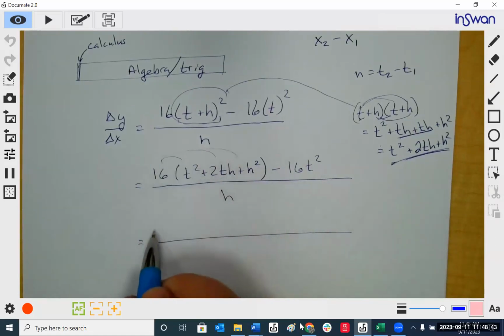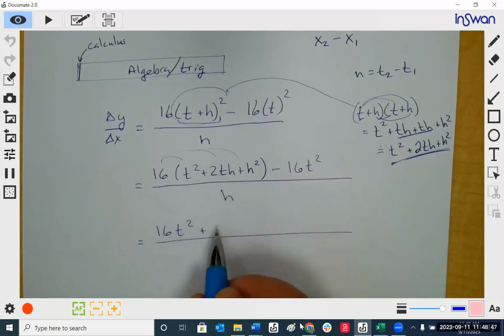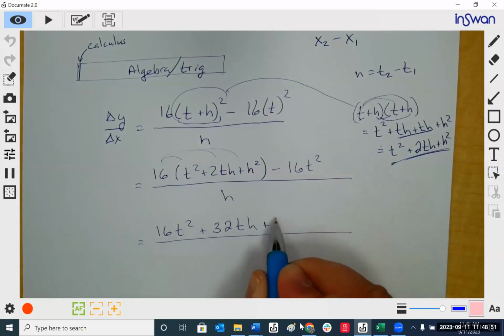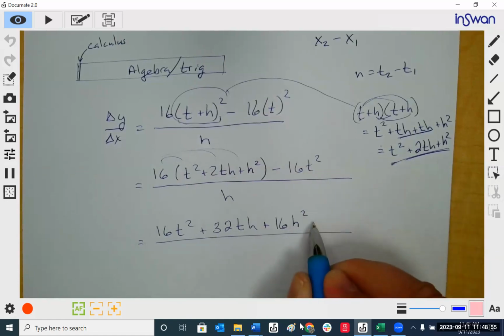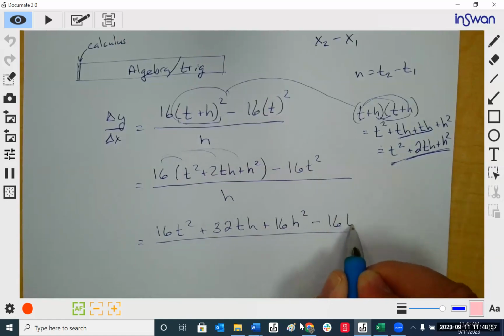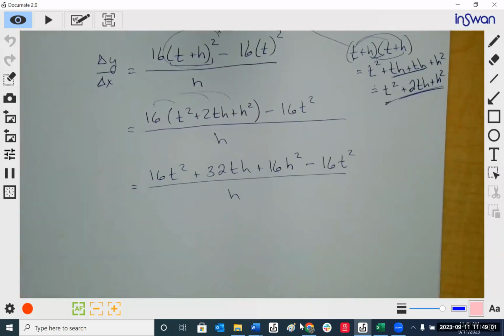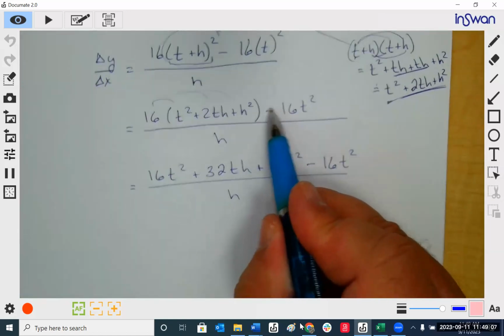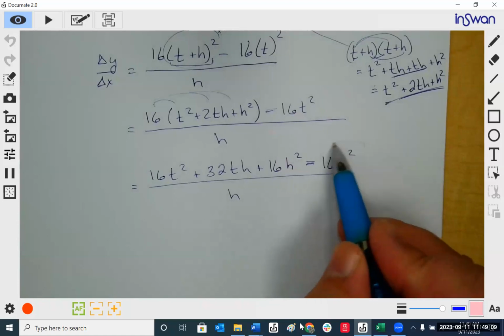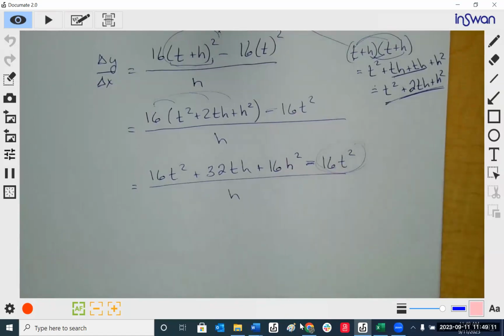Distribute. 16t squared, 16 times 2 is 32th, plus 16 times h squared. Whenever you do this, the difference quotient, whatever's after the minus has to be canceled by something.